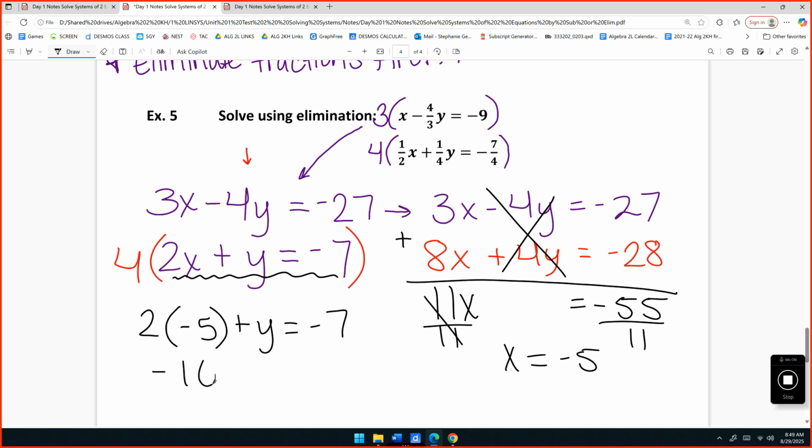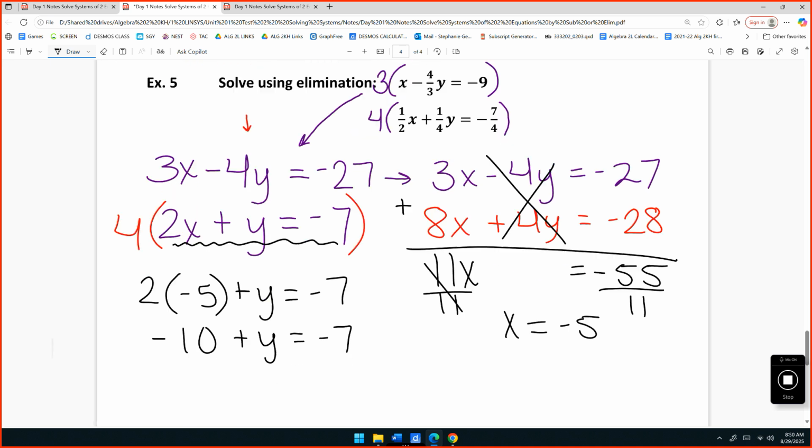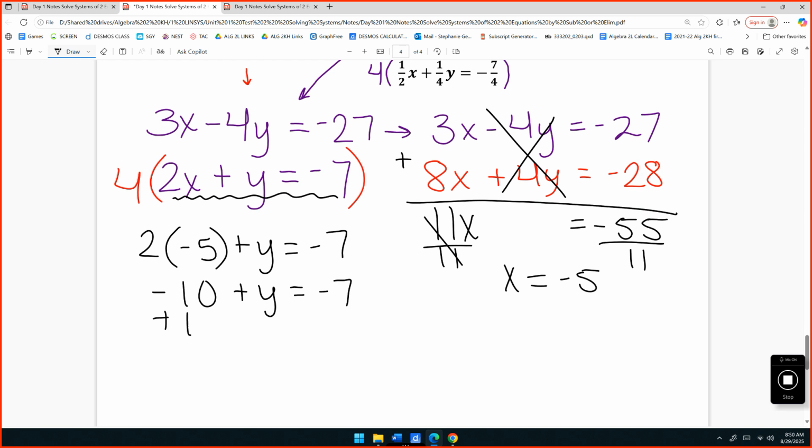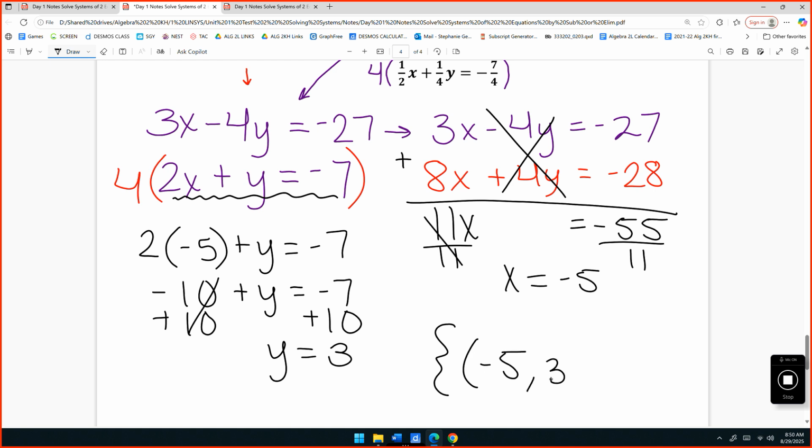So -10 plus y equals -7, and if I add 10, y equals -7 plus 10, which is 3. So in our solution set, -5, 3.